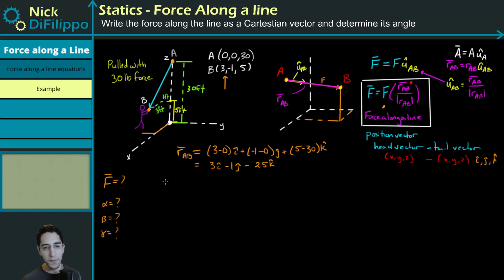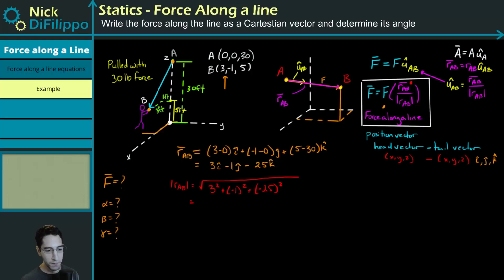I can also figure out the magnitude. So the magnitude of my position vector is going to be equal to the square root of the sum of the squares of these terms. So 3 squared plus minus 1 squared plus minus 25 squared. This term, this term, this term.